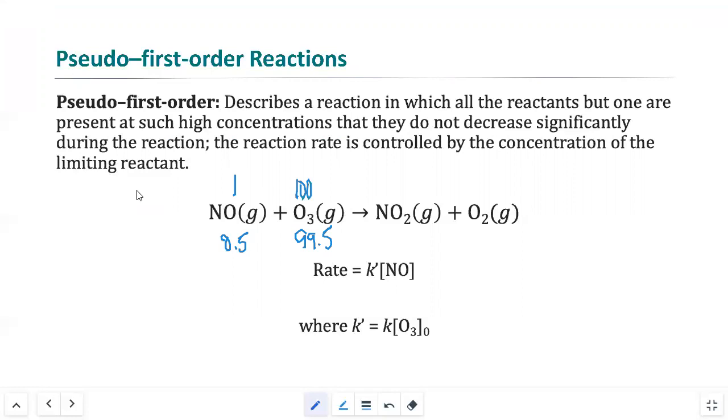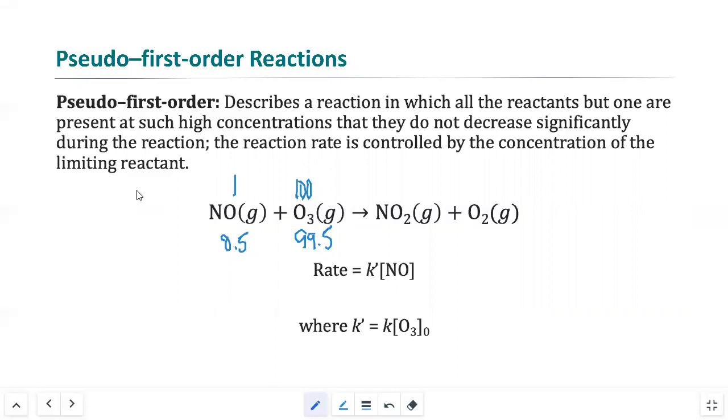Relative to each other, if I'm monitoring the concentration of nitrogen monoxide, I'm going to see that the concentration does vary considerably. It's lost half of its value. The ozone's lost 0.5% of its value. It's practically gone unchanged. In that circumstance, since it hasn't changed, we can effectively consider that concentration of ozone to be a constant.